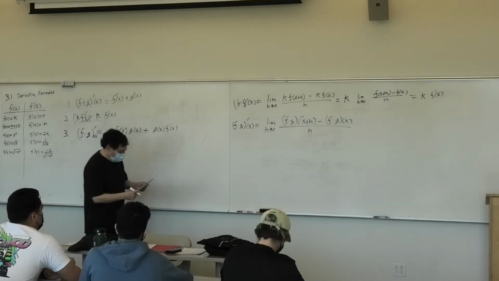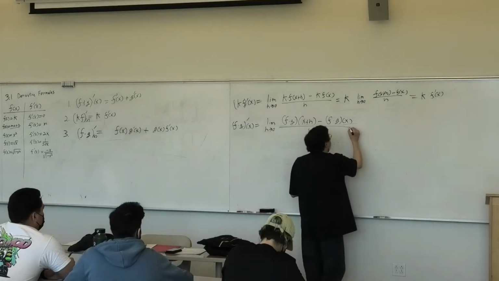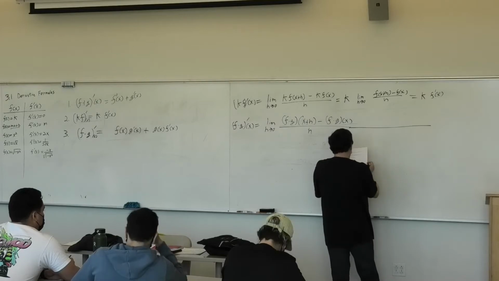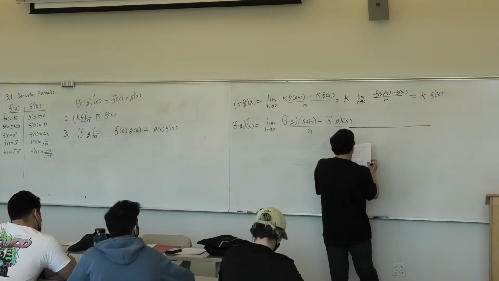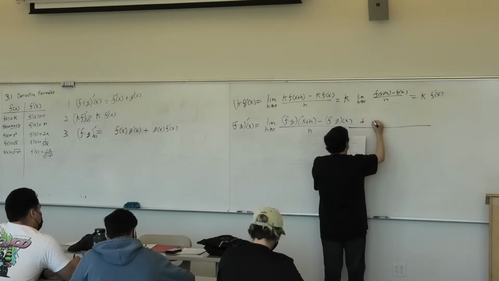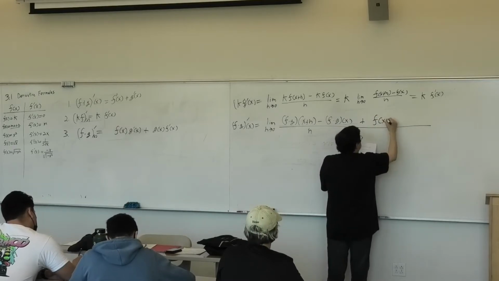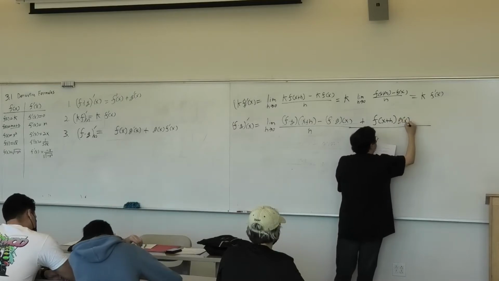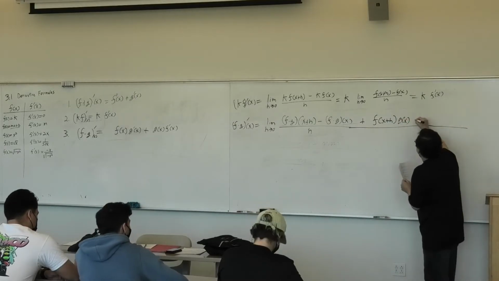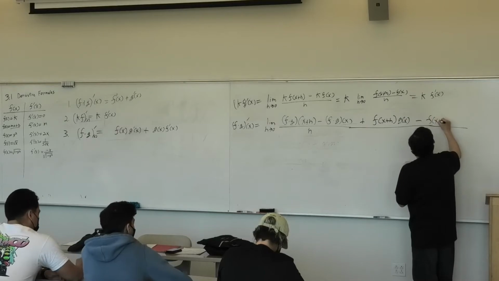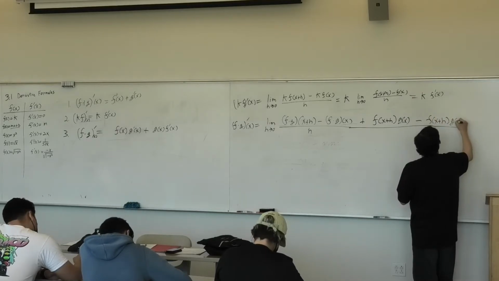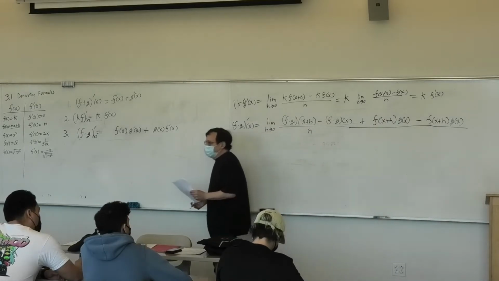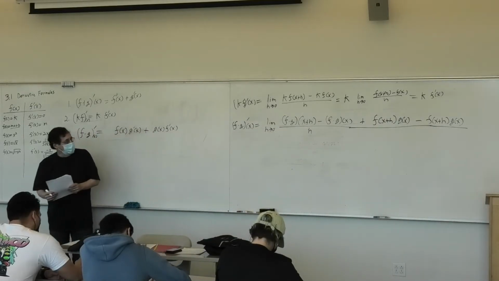And what I do is, in the numerator here, I add f of x plus h times g of x, and I subtract f of x plus h times g of x. I can do that because it's 0, right? Doesn't really change anything.